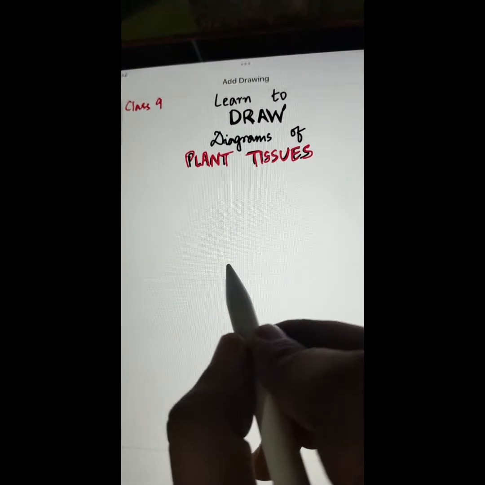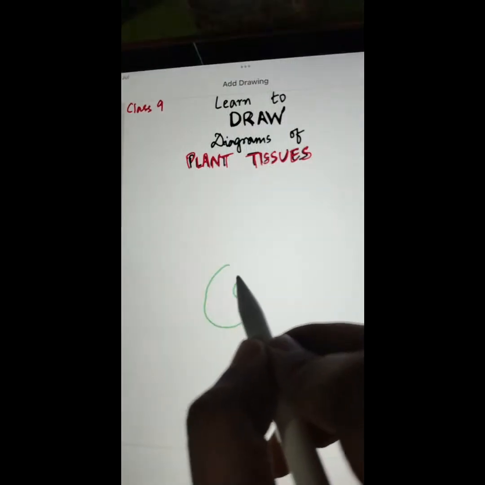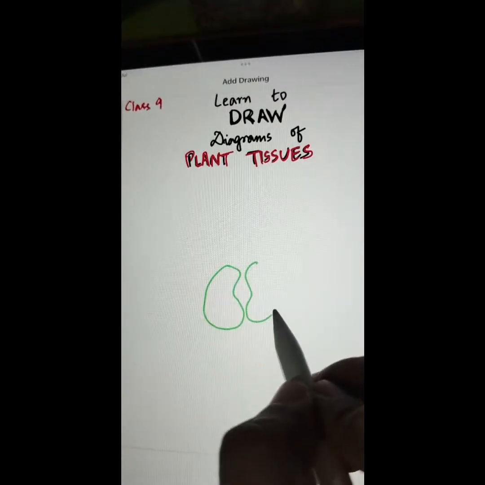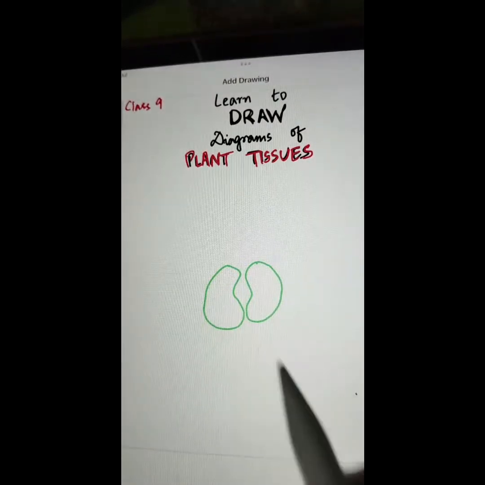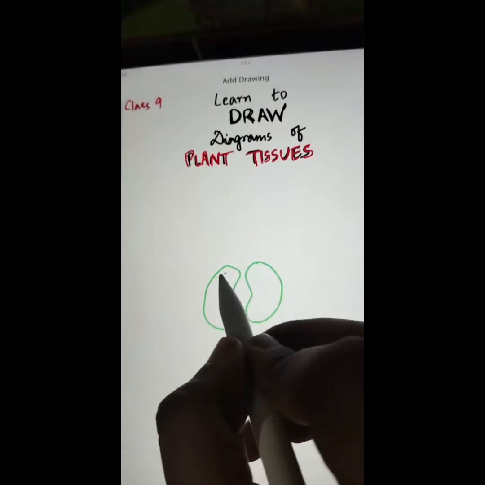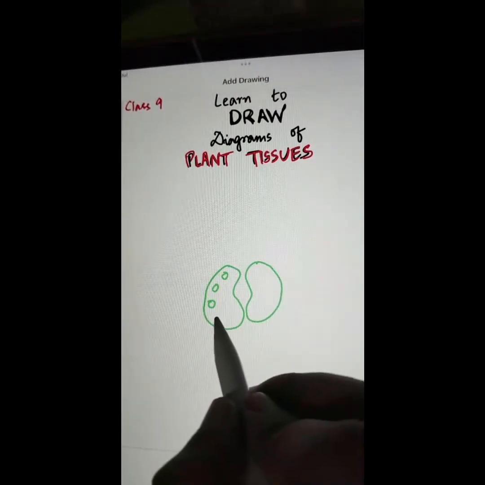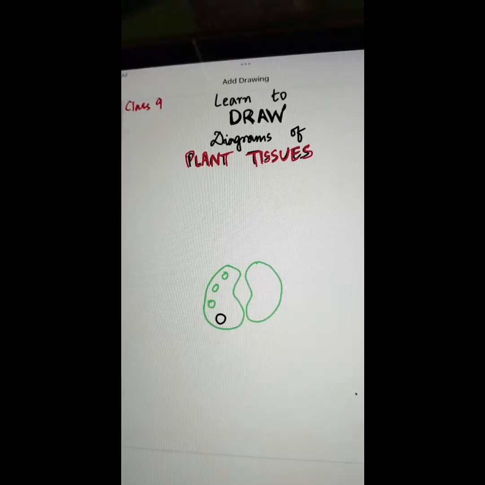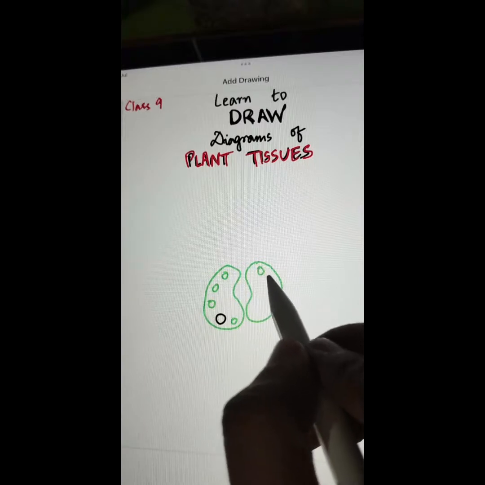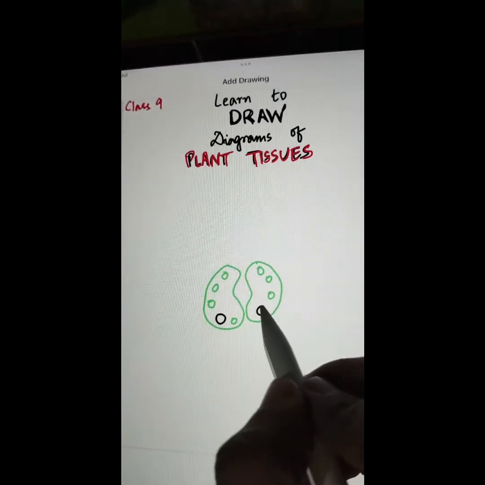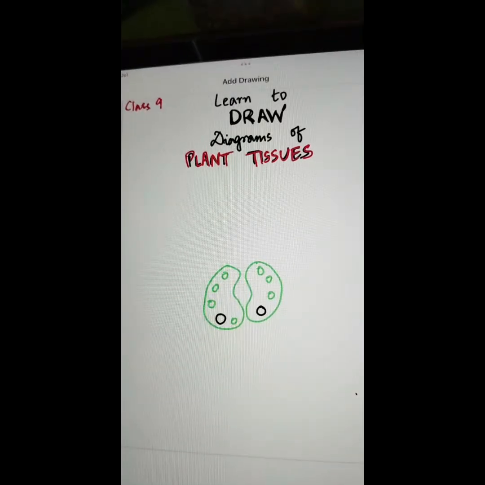For making the diagram of stomata, make two kidney structures like these, and they will have chloroplast in between. So these green circles are the chloroplast, and this bigger kidney-like structure is the guard cell.